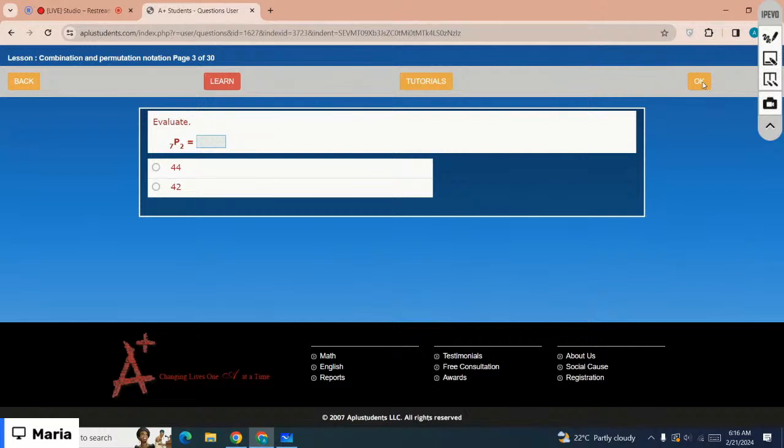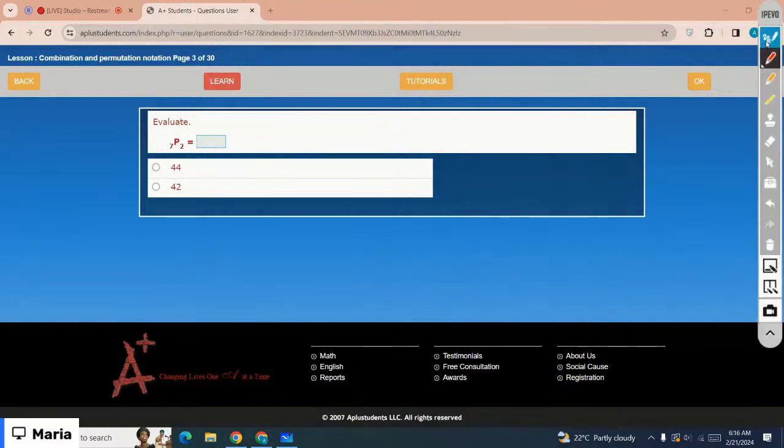Okay, the next one is you have to evaluate the permutations. You have to do 7P2. So how do you evaluate? You have to do 7 factorial divided by 7 minus 2 factorial, right?